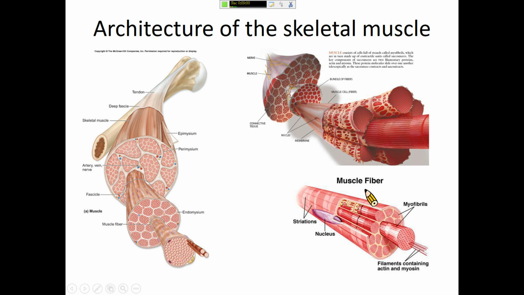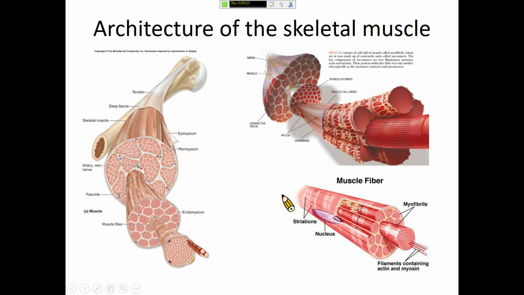And muscle fiber is a very different kind of cell. Usually in the human body we have a single nucleus cell, but muscle fiber is multi-nuclear.